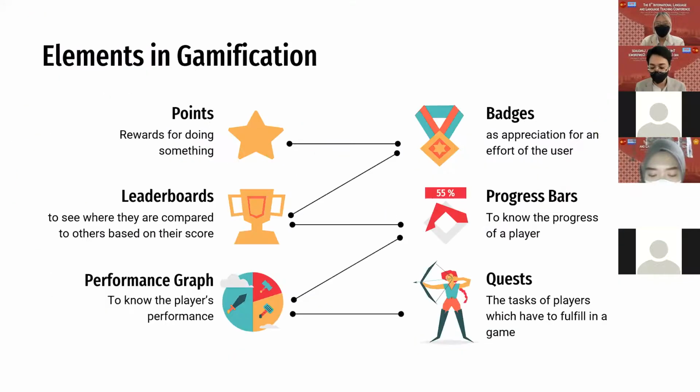And then when we talk about gamification, we will find several basic elements. First is point. Point is the first important element of gamification. It is a simple method in which the user will get a prize or reward for doing something.